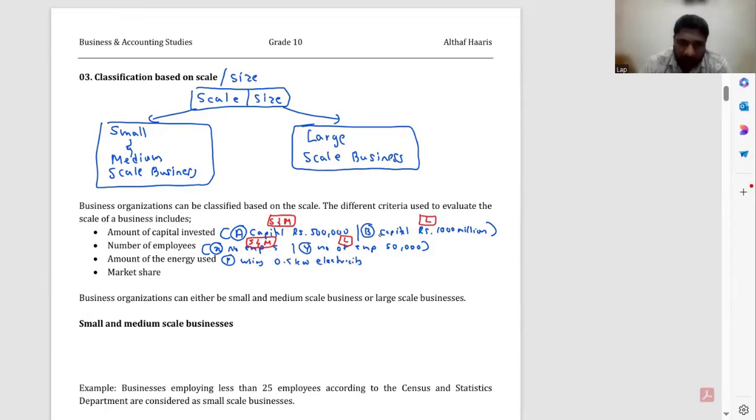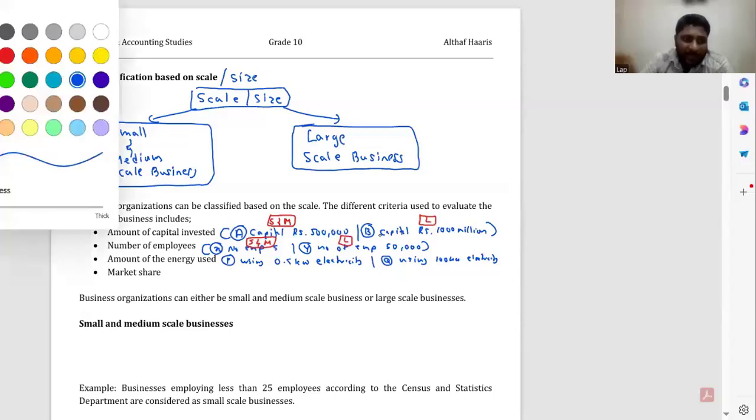And there is another company Q using 100 kilowatts electricity. You tell me out of these two companies, now you'll also write down the examples.